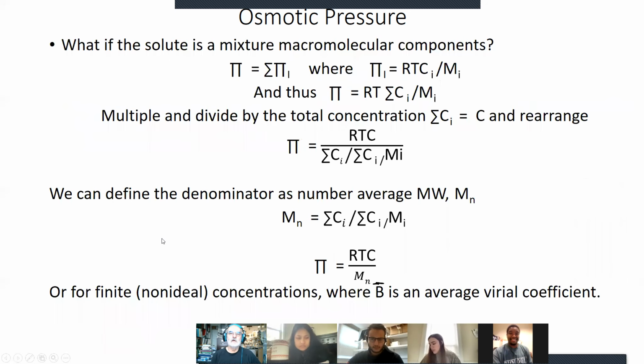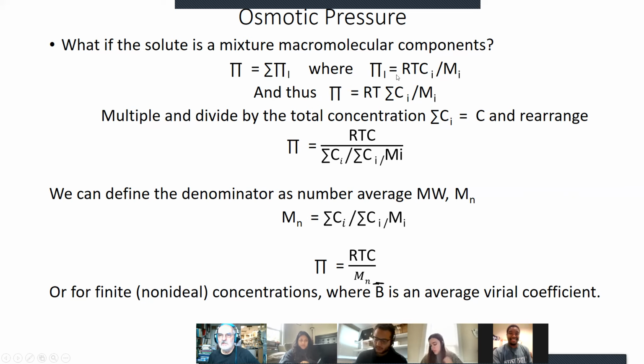Okay. What they cover in the book, and I think I stopped before this, or if not, I'm repeating that last part of the lecture. If it's a mixture of macromolecules, then the osmotic pressure is the sum of osmotic pressure over all solutes.